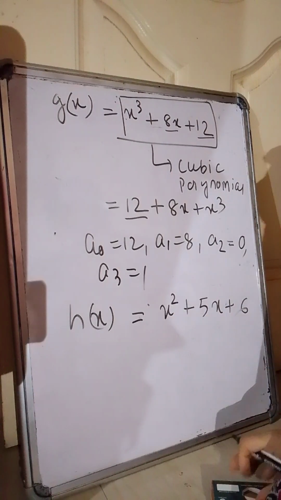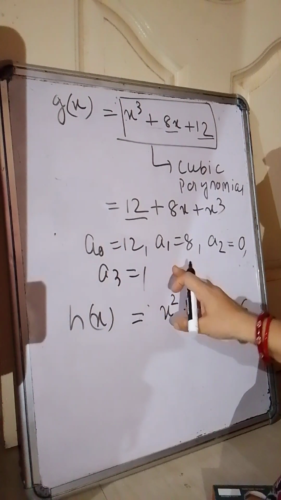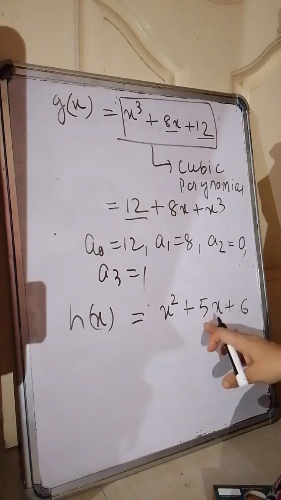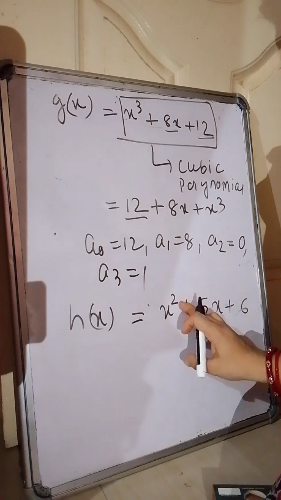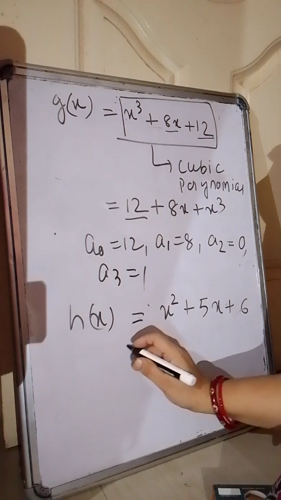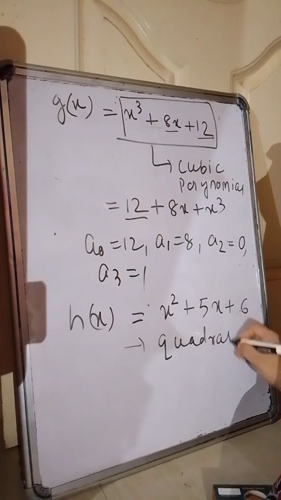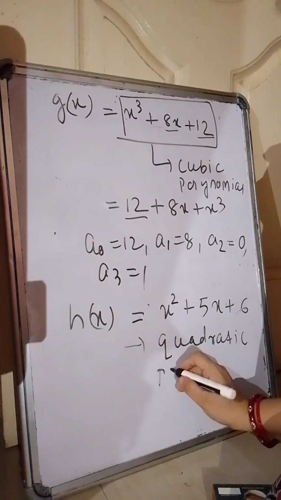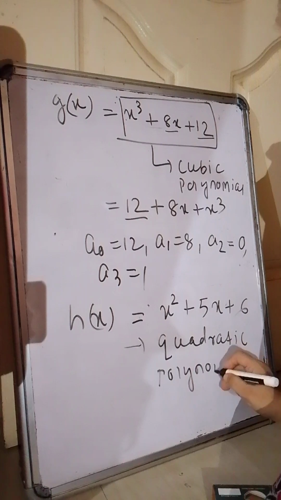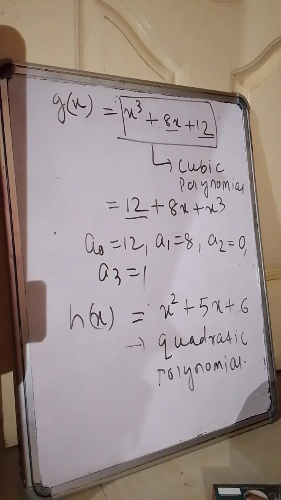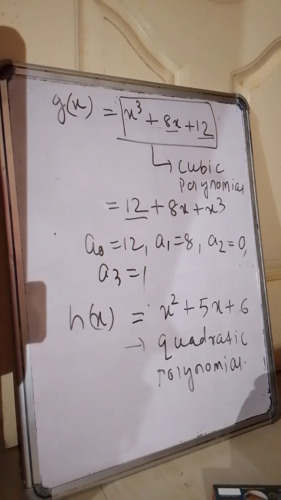Similarly you can find a0, a1, a2: a0 is the constant term, a1 is the coefficient of x, a2 is the coefficient of x square. Why quadratic? Because the degree of the polynomial is 2. If the highest power or degree of a polynomial is 2, that is a quadratic polynomial.